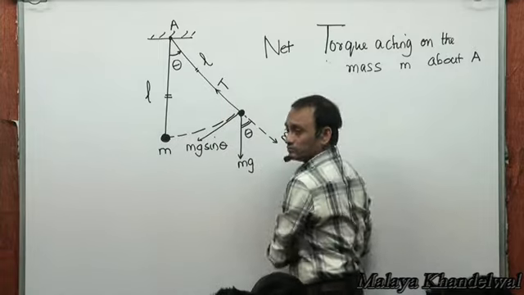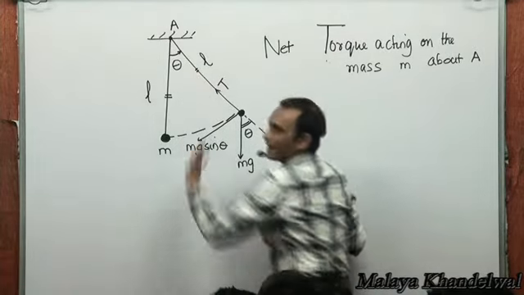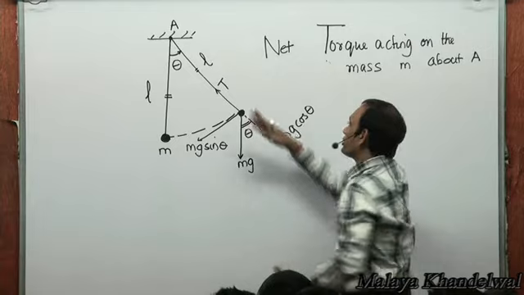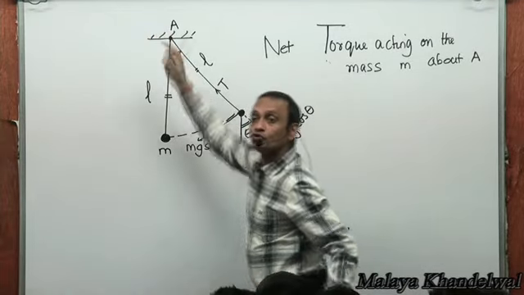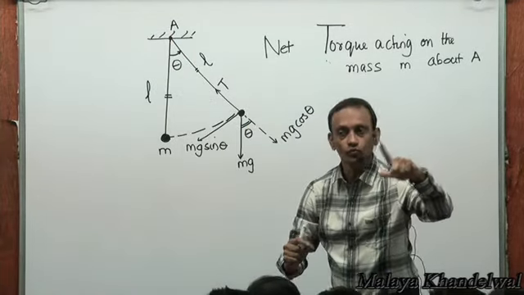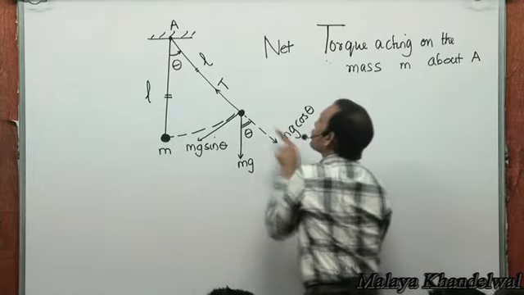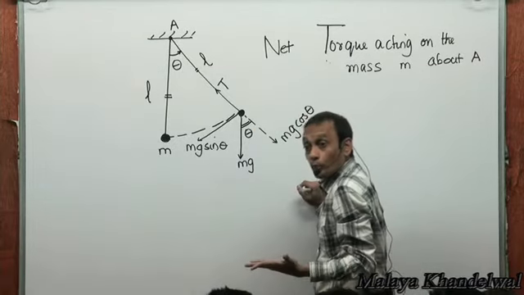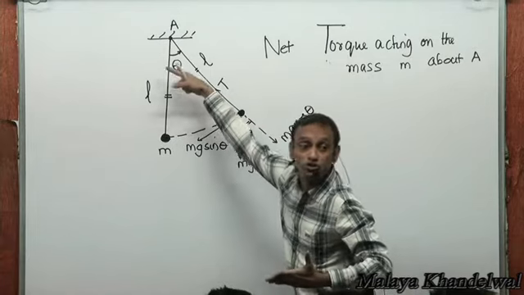Mg and T. What's the torque of T about A? 0. Why? Because its line of action passes through A. So moment arm is 0. Right? What's the torque of mg cos theta about A? 0. Because the line of mg cos theta passes through A.